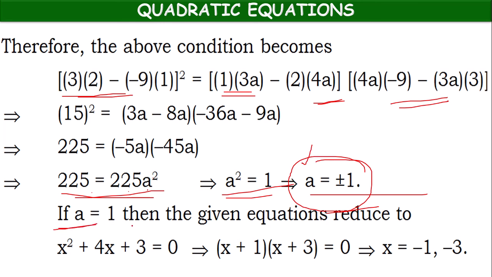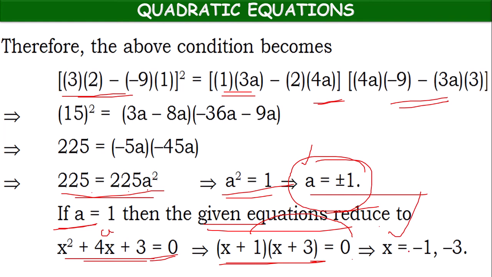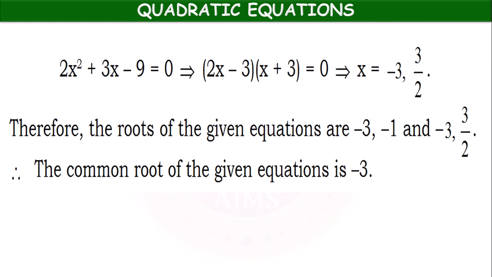So if a equals 1, then the equation will become x square plus 4x plus 3 equal to 0. That can be written as factors: x plus 1 into x plus 3 equal to 0, or x plus 1 equal to 0, which means x equal to minus 1, x plus 3 equal to 0, x equal to minus 3.